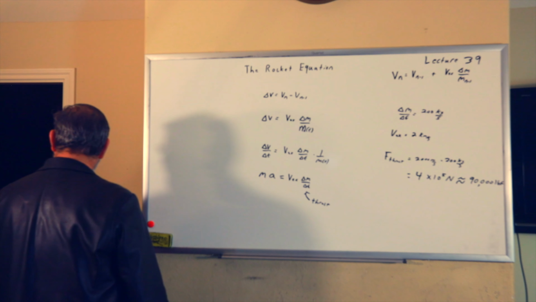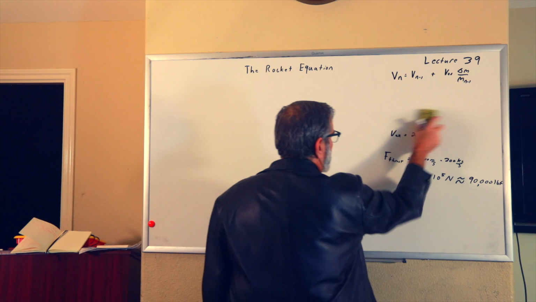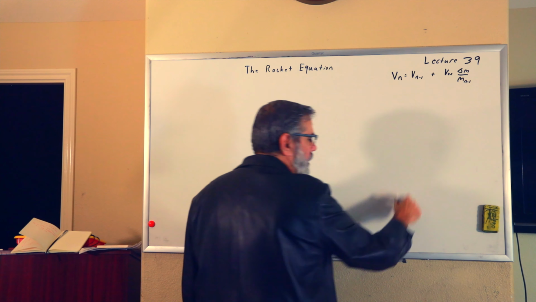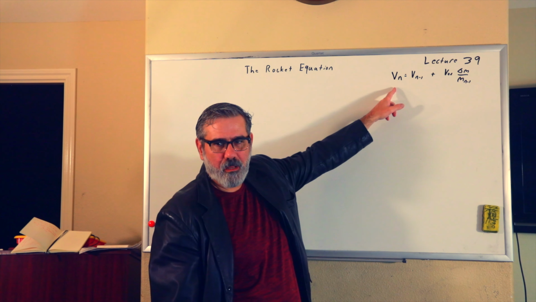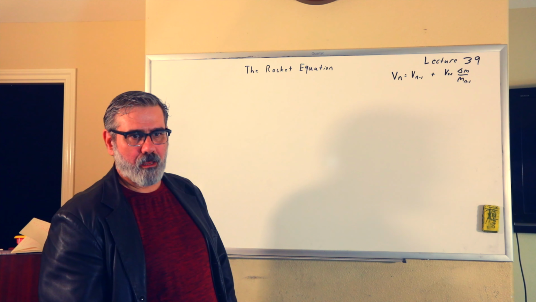The last thing I want to mention is that had we had calculus at our disposal, we would have done things differently. We wouldn't have generated this recursive relation to calculate the velocity for the rocket.